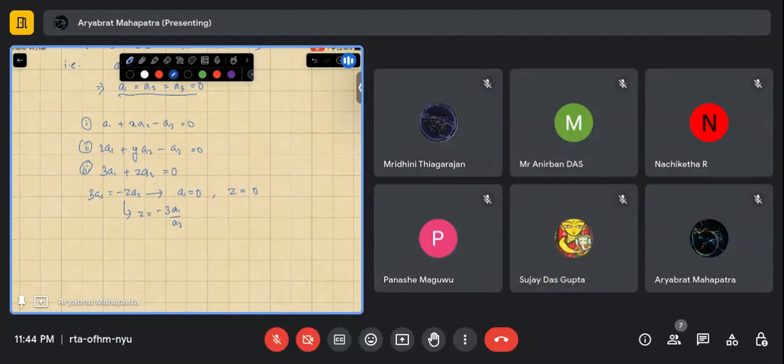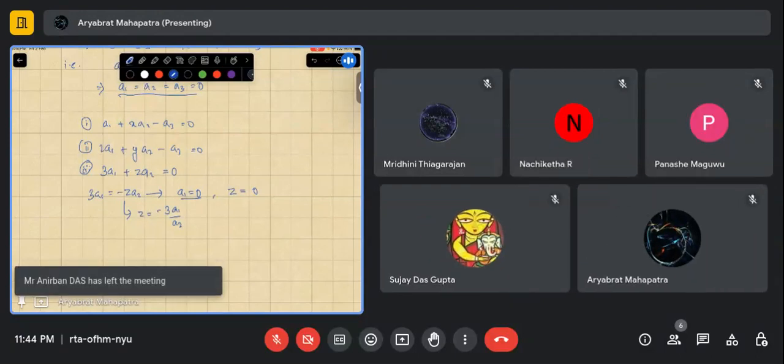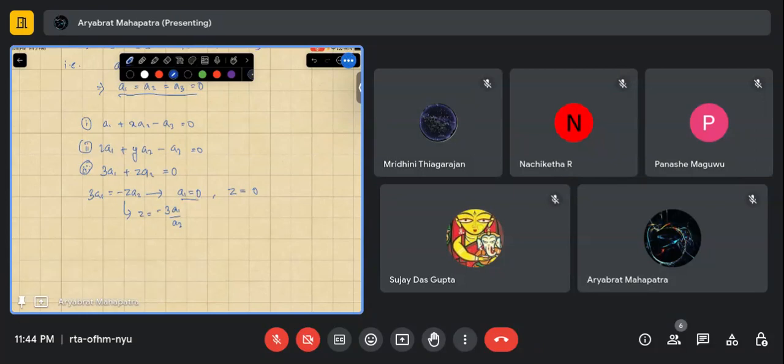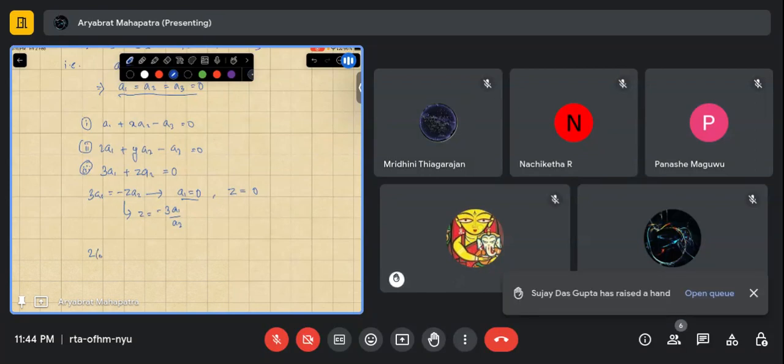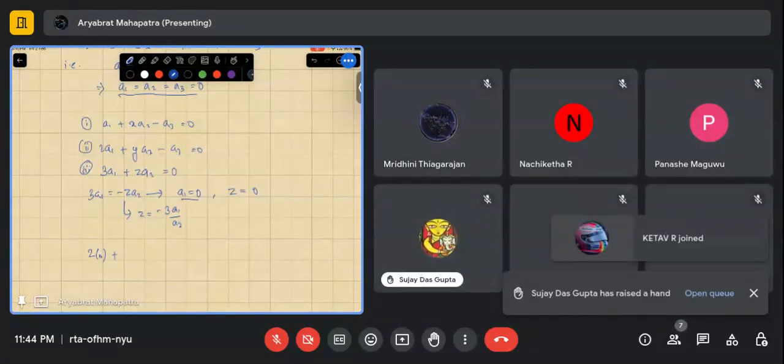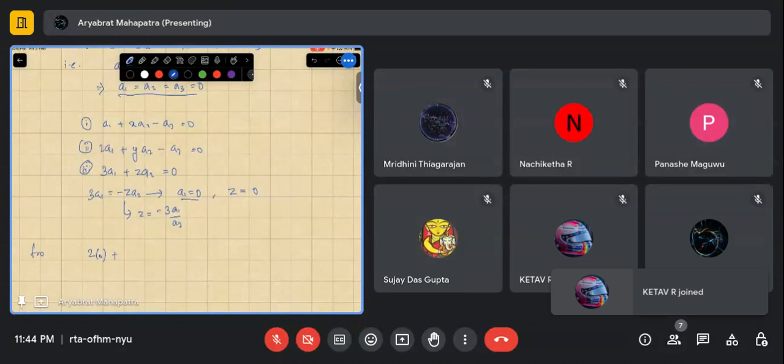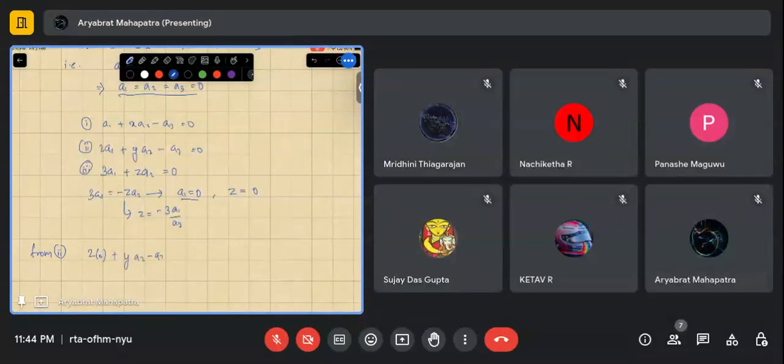Now you put this a1 equals 0 which you enforced into the other equation, let's say the second equation. 2 times 0 plus 0. So that will give.